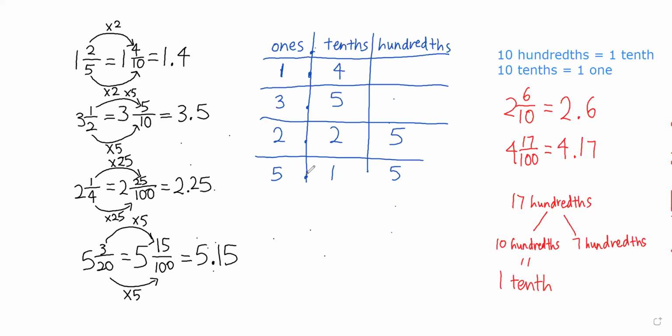So just to recap, every time we want to convert a mixed number into a decimal, we need to change it such that the denominator is either 10 or 100.